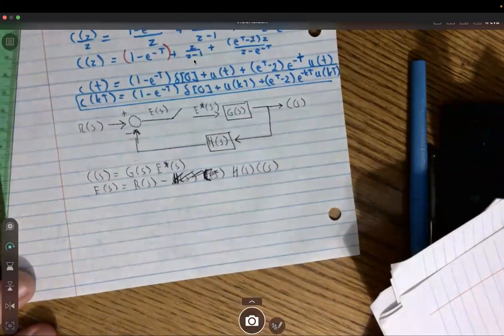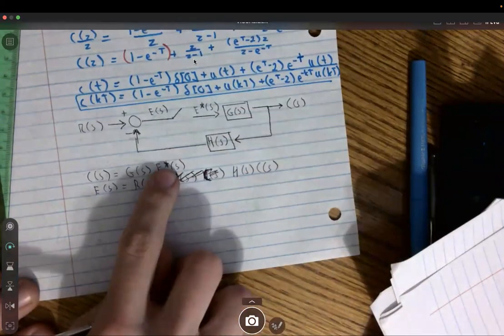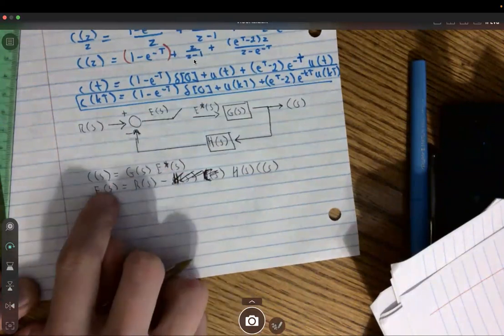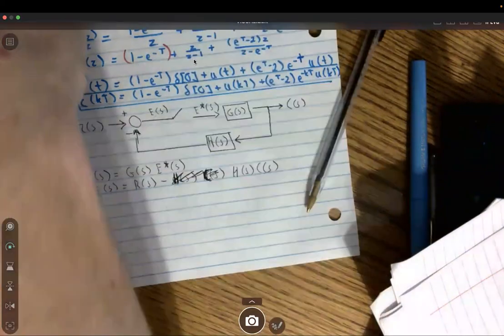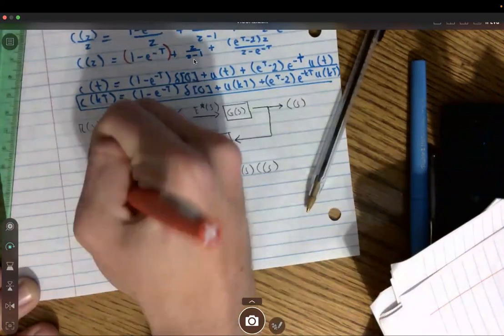So what we have to do first, remember, is find E star of S. So taking the star transform on both sides of this equation, what are we going to get?